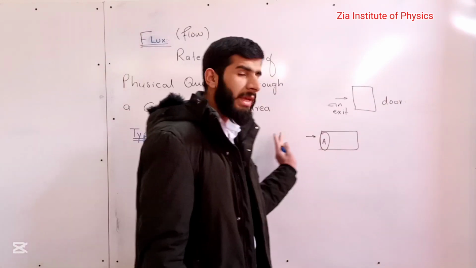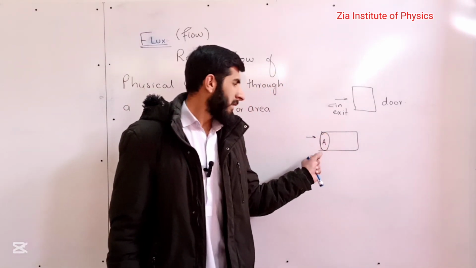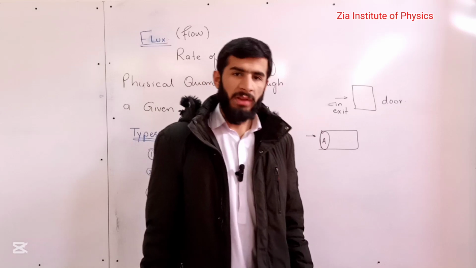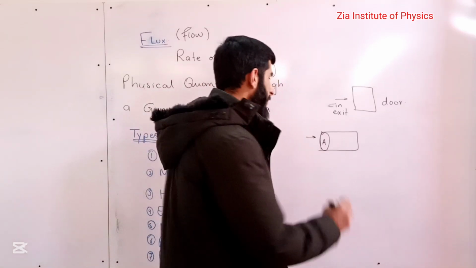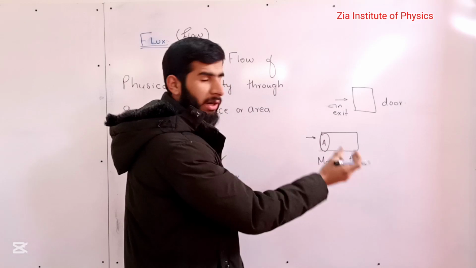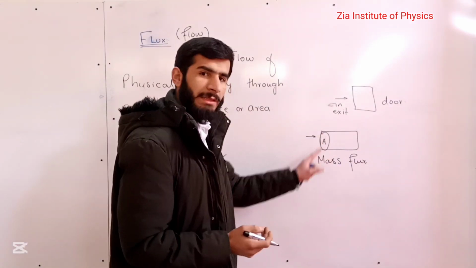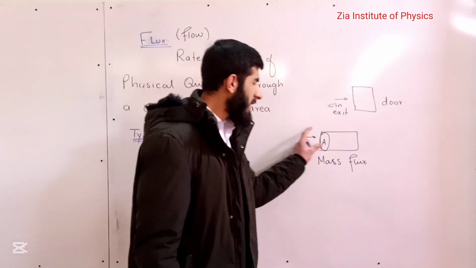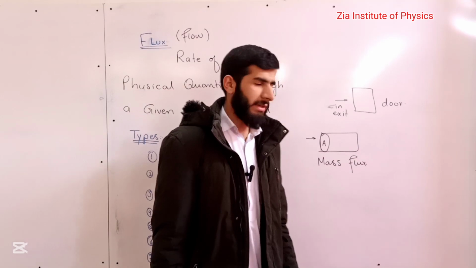This flow is called flux, or especially mass flux. If mass flows inside or outside across a specific area, this is known as mass flux.